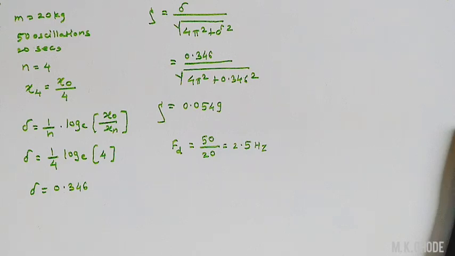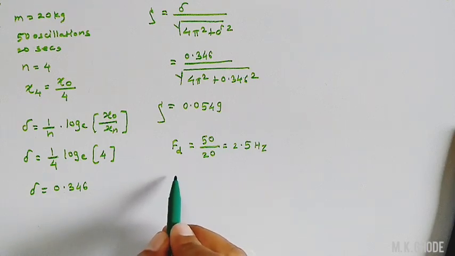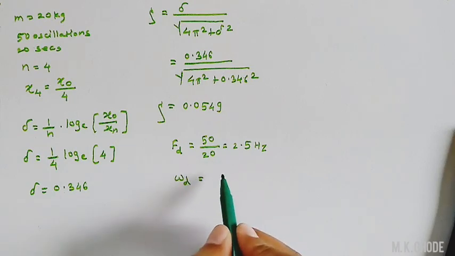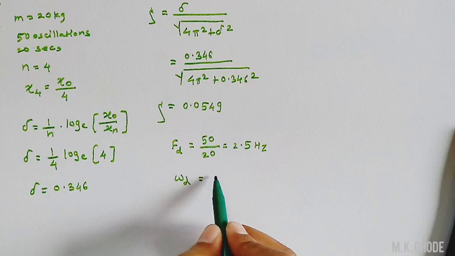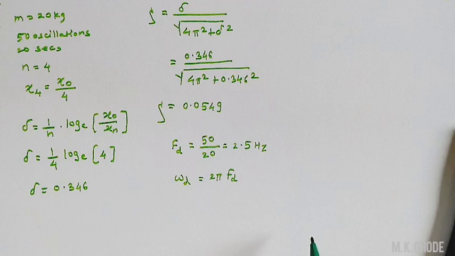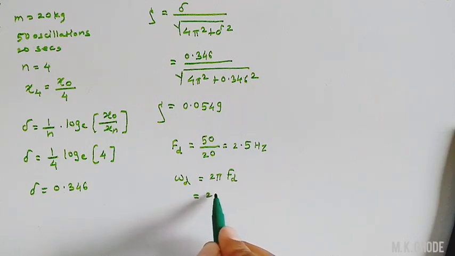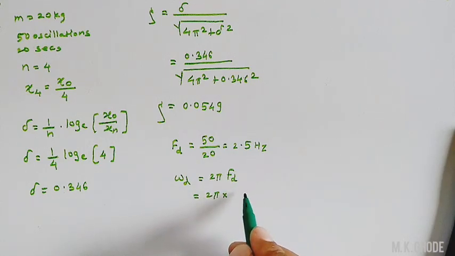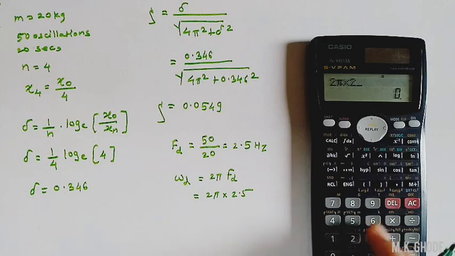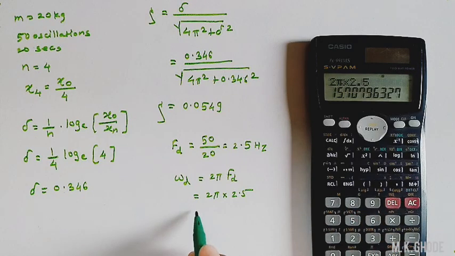So you can find the value of the natural circular damped frequency from this. The circular damped frequency is 2 pi into the frequency of damped vibration, so 2 pi into 2.5, which is 15.707 radian per second.